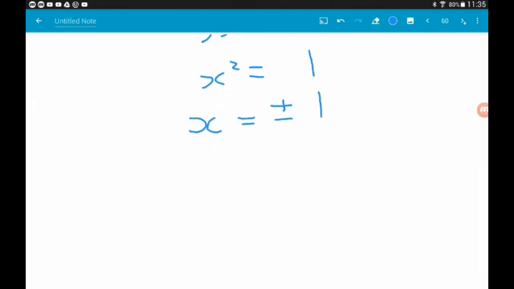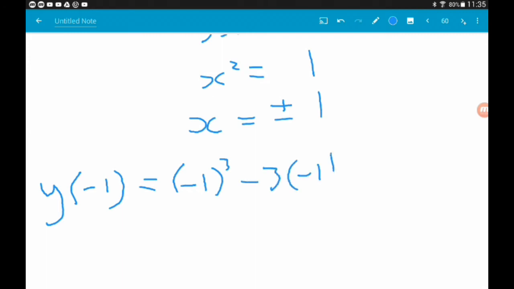So if we evaluate y when x is minus 1, we get minus 1 cubed minus 3 lots of minus 1 plus 10. Now minus 1 cubed is minus 1.